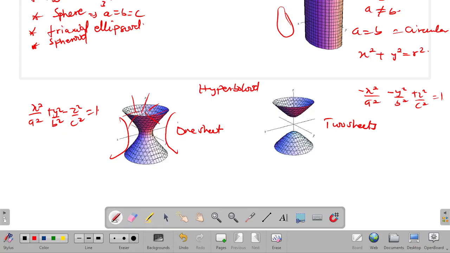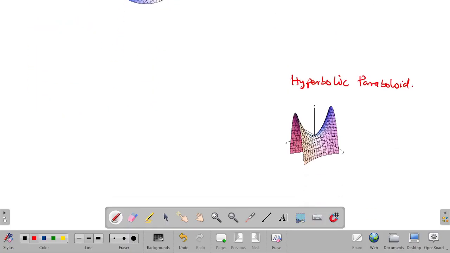And I think I have one last type you can think about, which you call a hyperbolic paraboloid, which is given as x squared over a squared minus y squared over b squared is equal to z over c. So one of our variables now is not squared, so it doesn't play any role there, but our surface opens up in that direction.